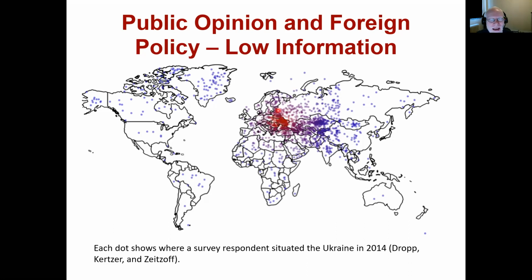Even if they're not pointing exactly to the Ukraine, I don't expect that everybody could point to every country within Europe or Asia or Africa or South America even, I don't expect everybody to be able to point to every single one of them.